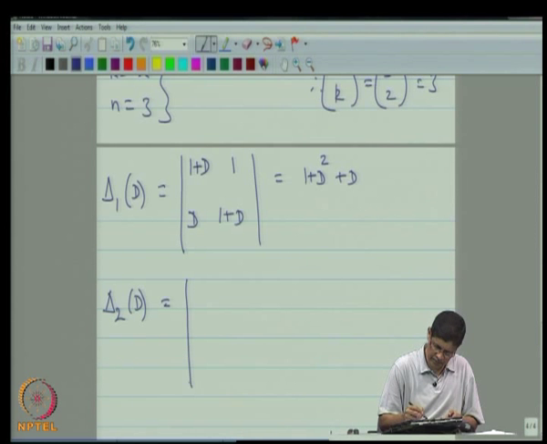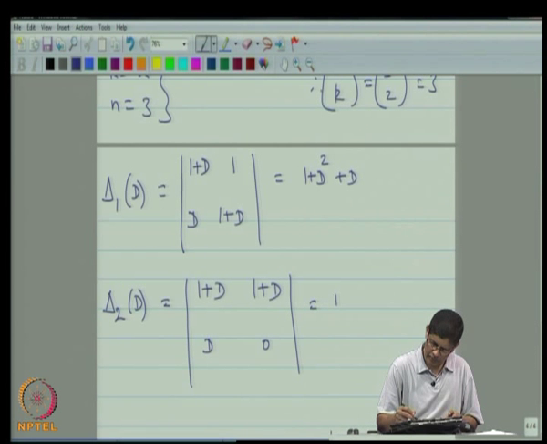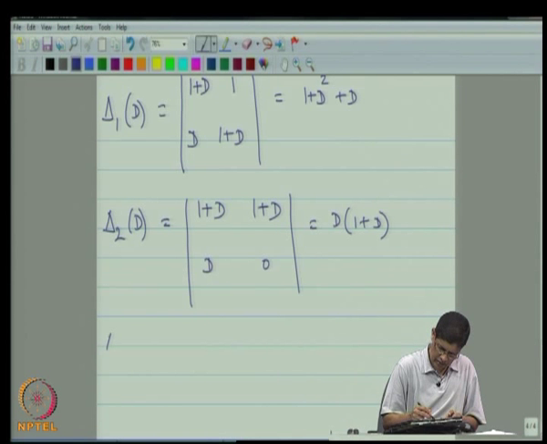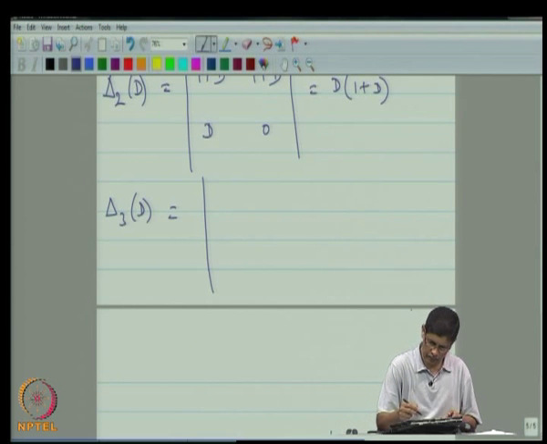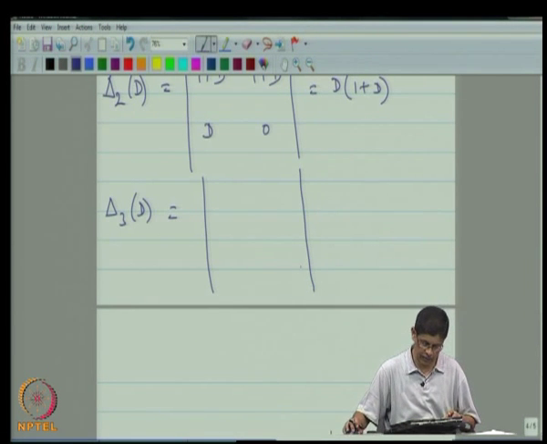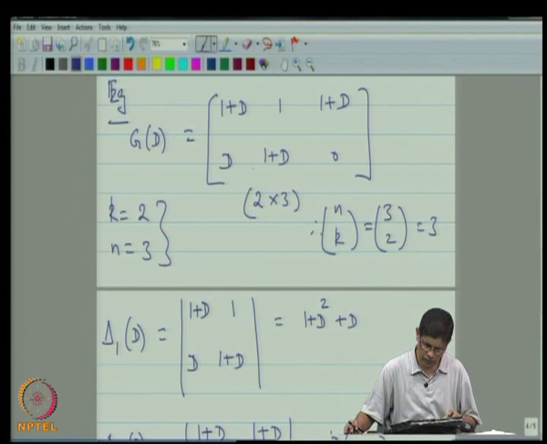That will be the determinant of 1 plus D, 1 plus D; D, 0, which is D into 1 plus D. And delta 3 of D: now I am going to pick the second and the third columns. So, that will be the determinant of 1, 1 plus D; 1 plus D, 0.